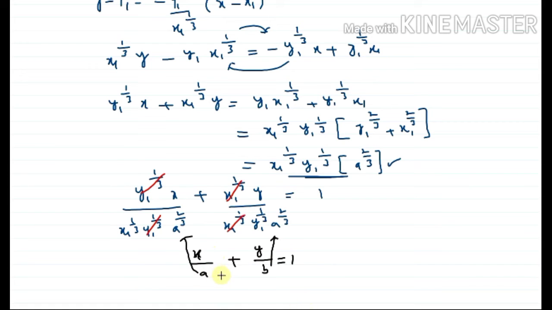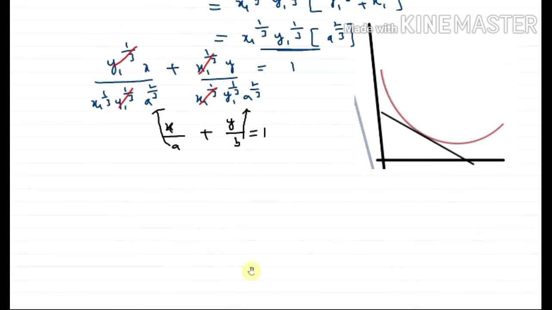If I know these two, this particular point becomes a comma 0, and this particular point becomes 0 comma b. Now since we have to find AB value, AB is equal to root of a square plus b square.